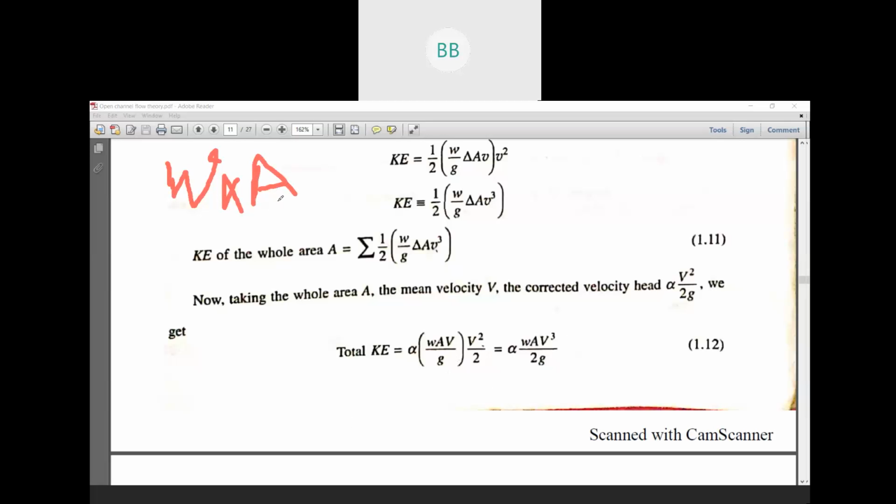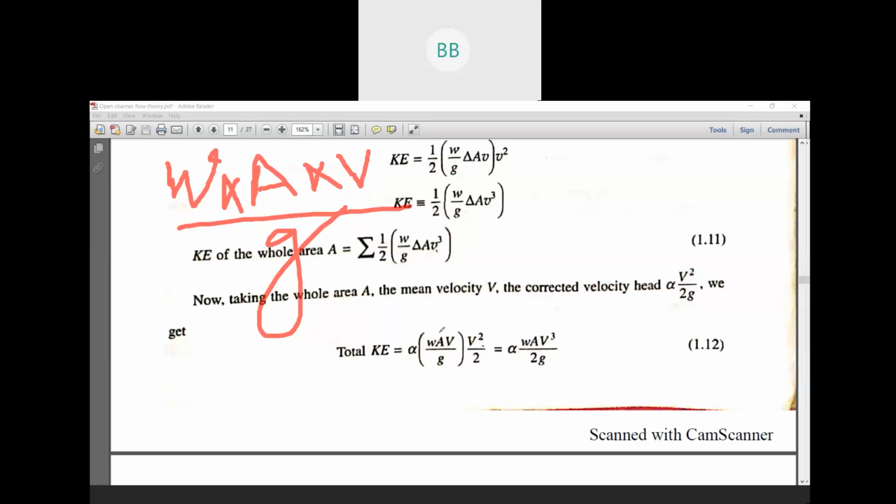Specific weight multiplied by whole cross-sectional area multiplied by velocity, that is your weight. If you want to find mass, we have to divide by acceleration due to gravity. So this will be your mass for the whole cross-sectional area.